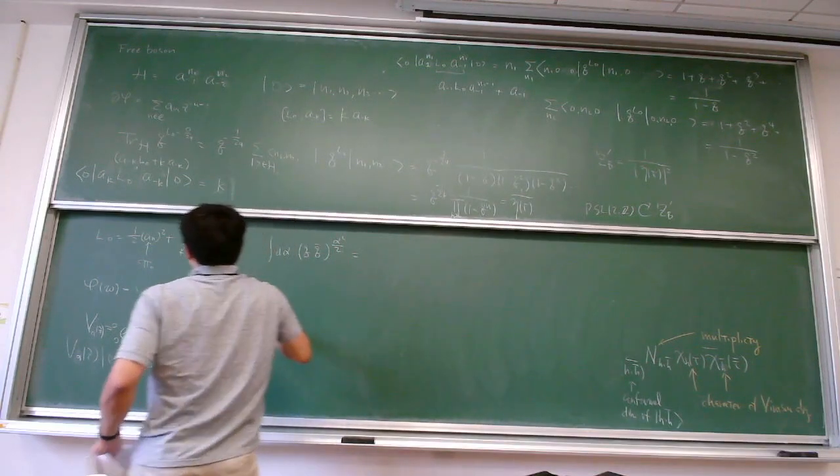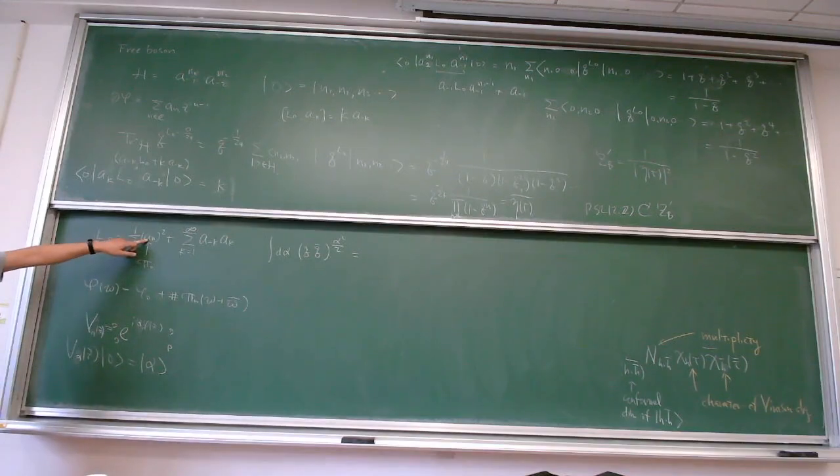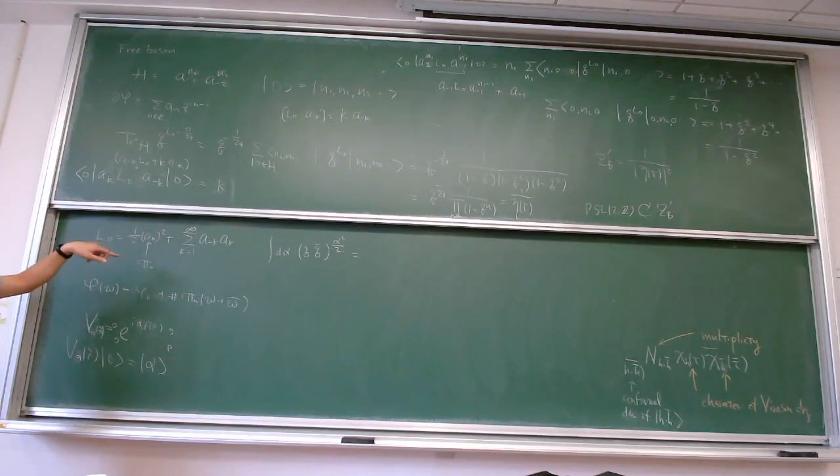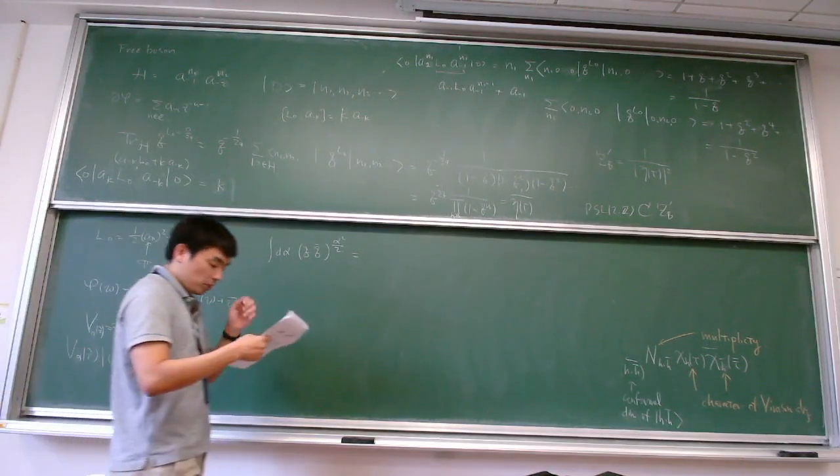So this a_0 really sees this momentum alpha, which will give you alpha squared over 2. And you have to integrate over it. It's just a Gaussian integral.